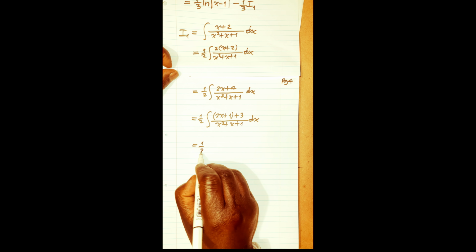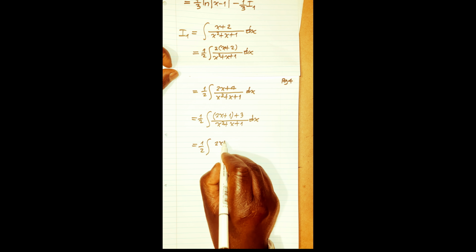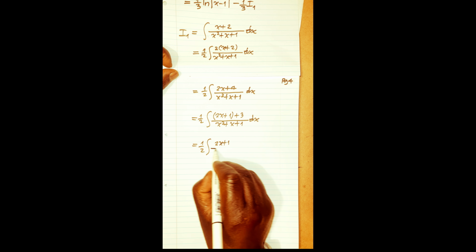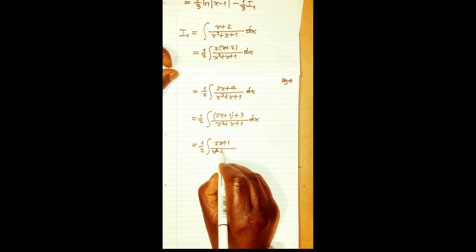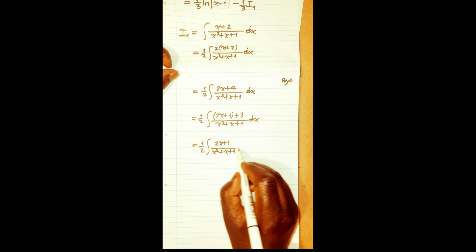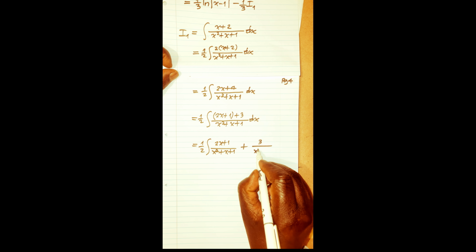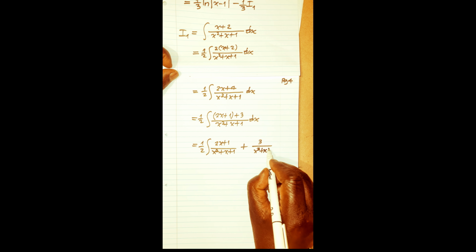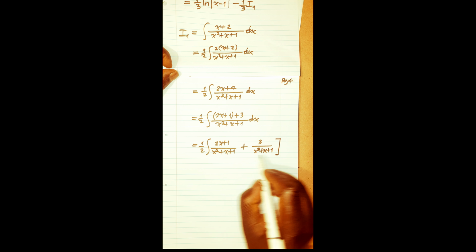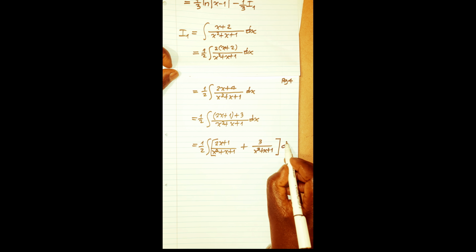So 1 over 2, the integral of 2x plus 1, all over x squared plus x plus 1. And then I'm going to say plus 3 all over x squared plus x plus 1. Remember, dx. Because that's what this is.